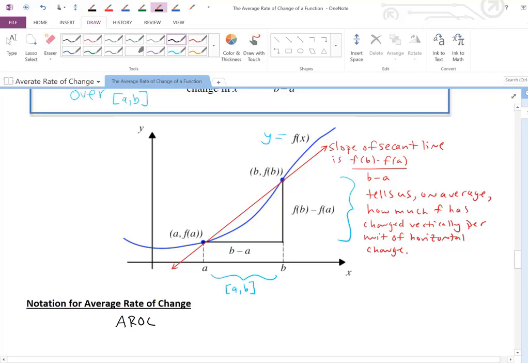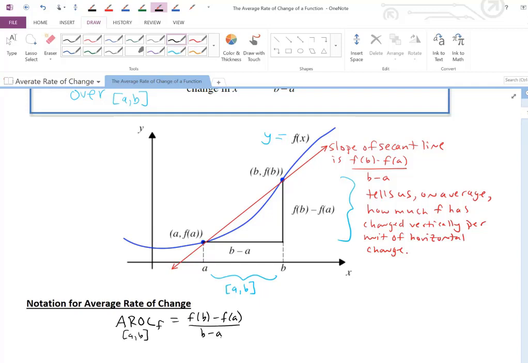So I like to say it's the average rate of change of the function, say f, as a little subscript, over the interval a to b. What is it? It's f of b minus f of a, change in the output direction, over b minus a, the change in the input direction. So we'll use that in the upcoming examples.